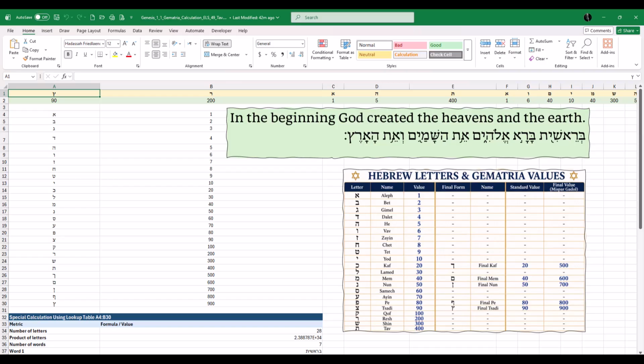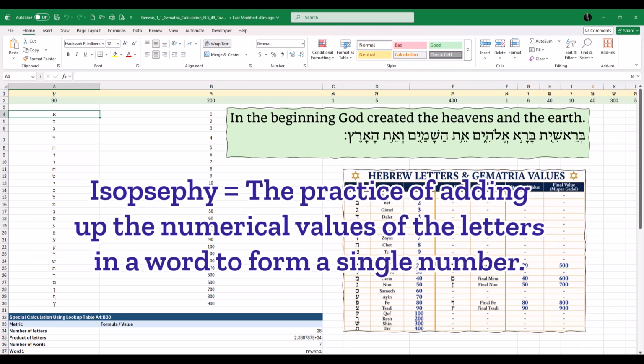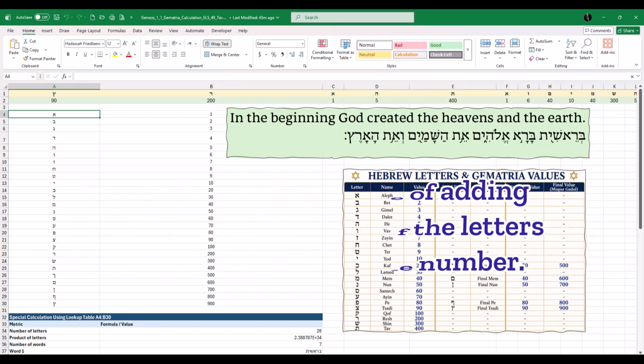The first thing you need to know about is that Hebrew uses what is called Gematria. Isopsephy is the technical word for it, where you take a letter and apply a number to it. I guess this happens with most languages around the world, but we call it Gematria in Hebrew.